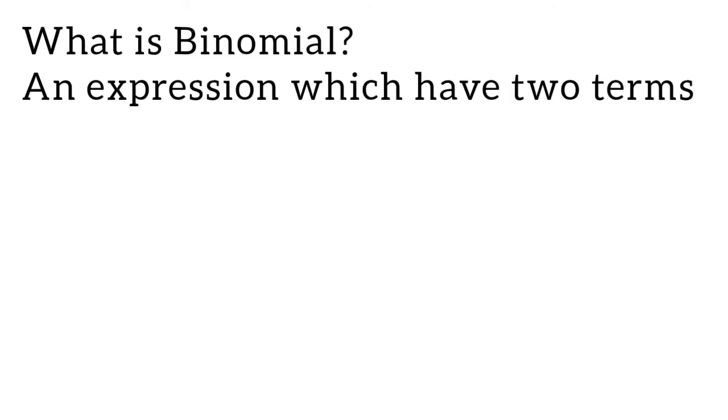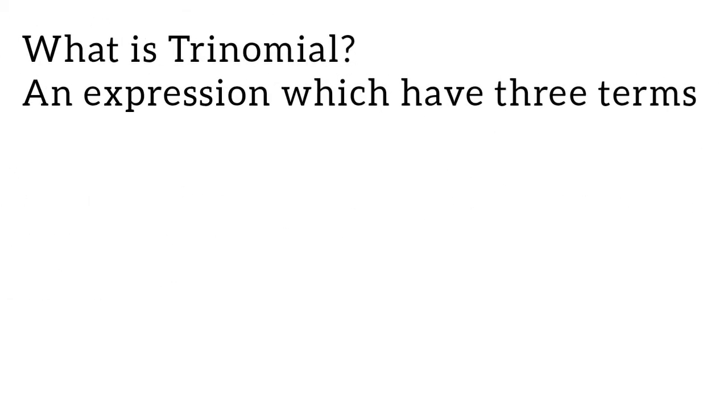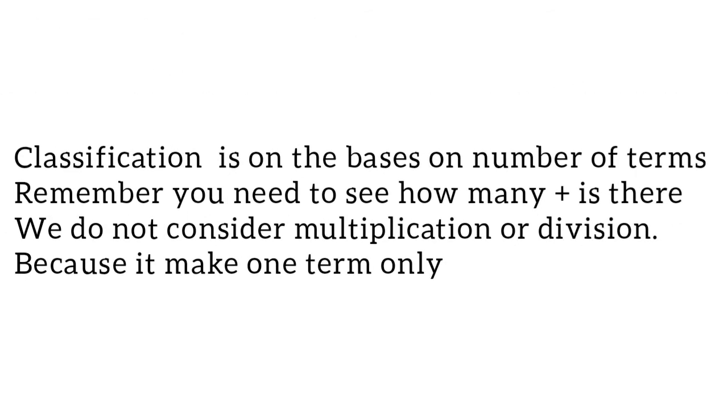What is a binomial? It will have two terms. So when I say 8x plus 4y, 8x square plus 7y square, these will have two terms. This is binomial. Whereas if I see there are three terms, for example 8x plus 4y plus 2z, this will be a trinomial.